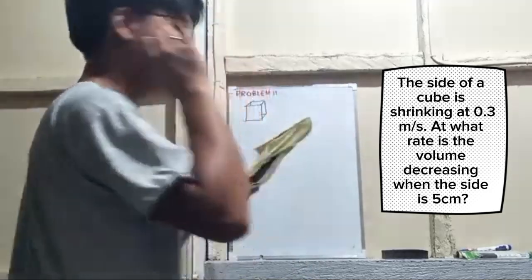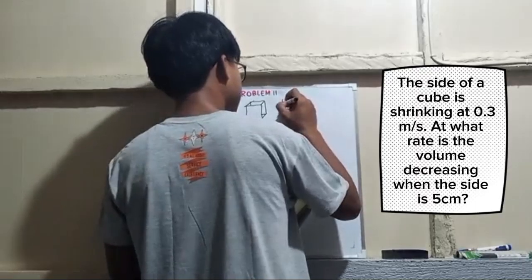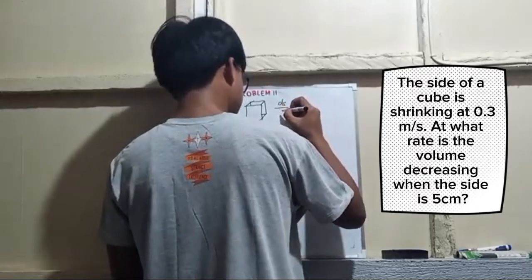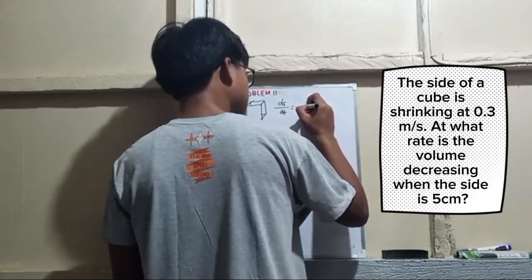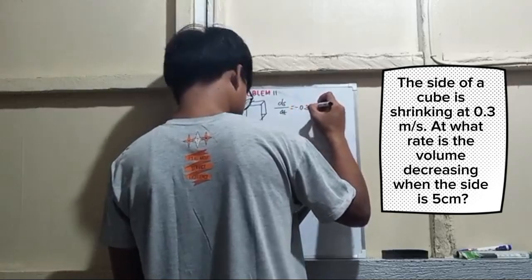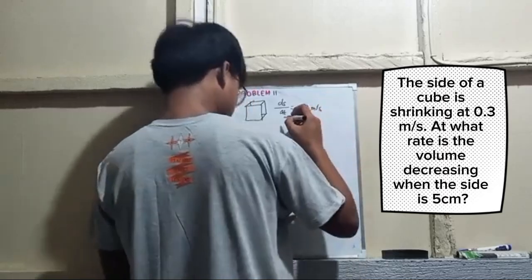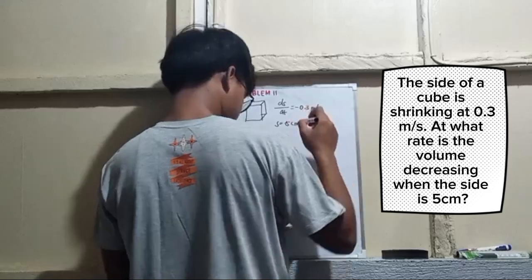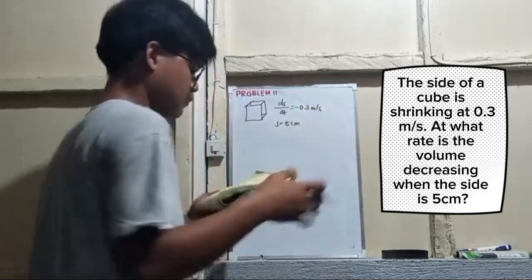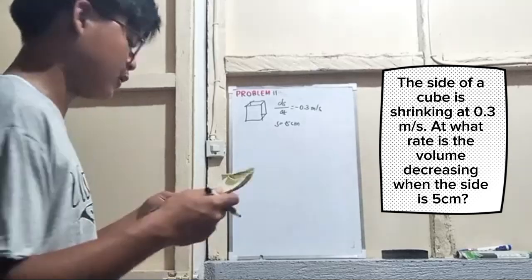So, we'll identify the given, ds over dt, because of the shrinking cube, negative 0.3 meter per second. And then another given is our side is equal to 5 centimeter. Then we'll compute the rate of volume.